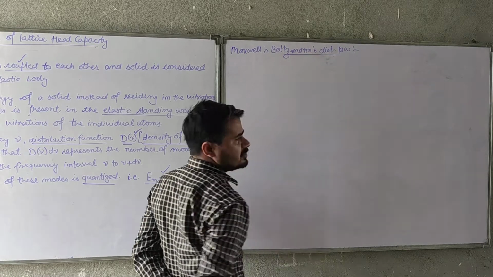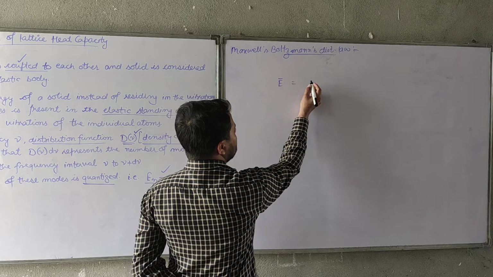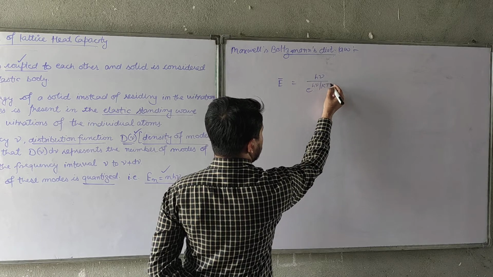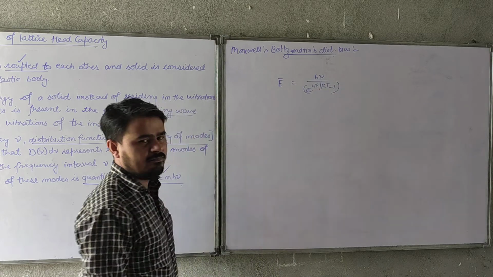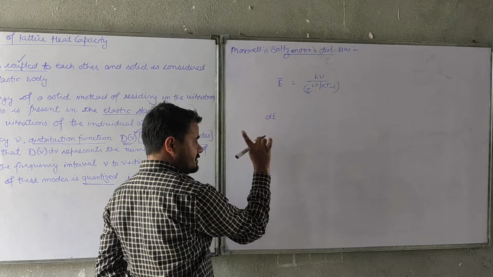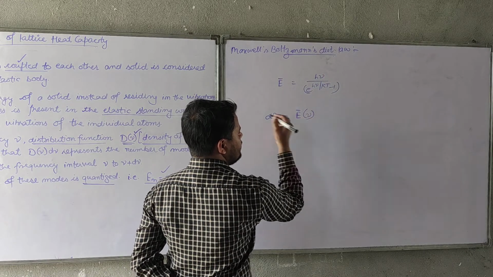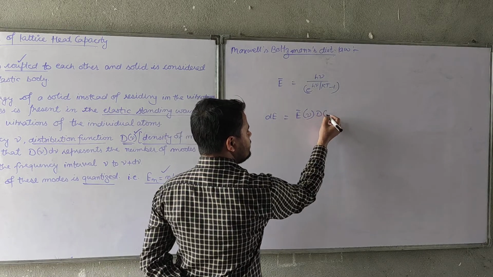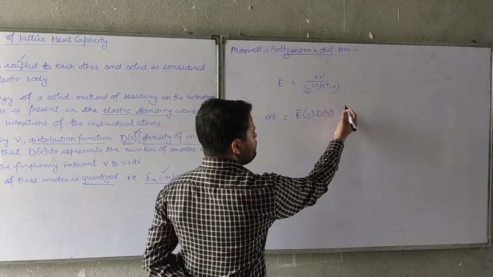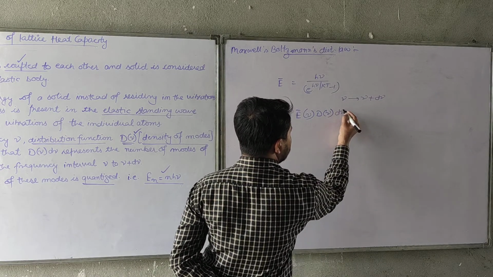According to Maxwell-Boltzmann distribution law, the average energy E bar equals h nu upon e raised to power h nu by kT minus 1, and the small change in total energy equals E bar, which is a function of frequency nu, into density of modes of frequency, that is capital D of nu, in the range of frequency nu to nu plus d nu.